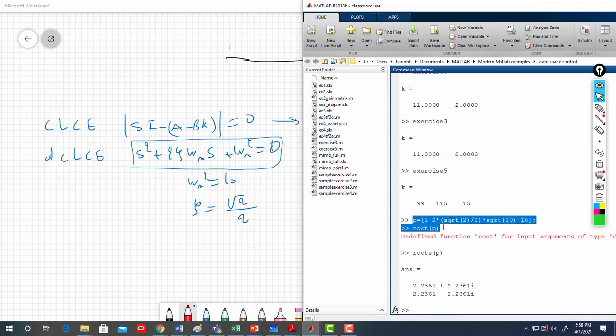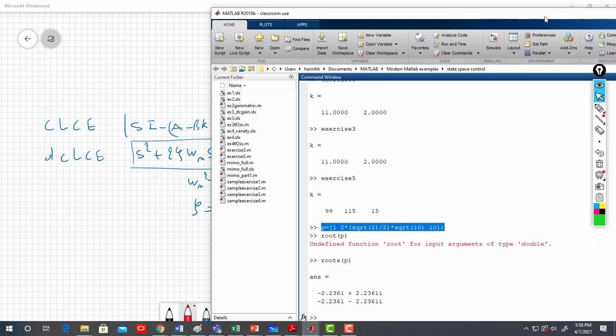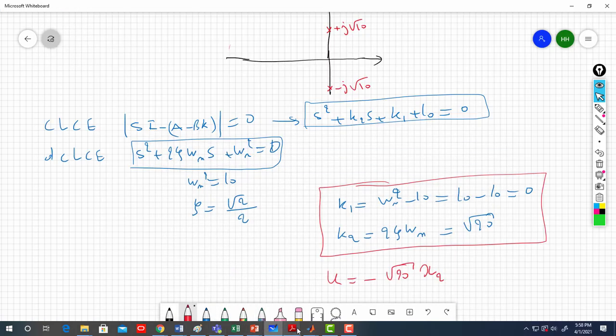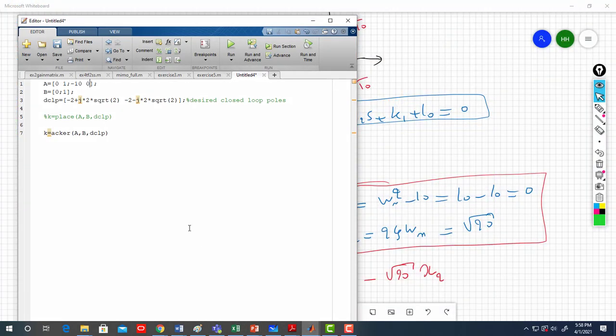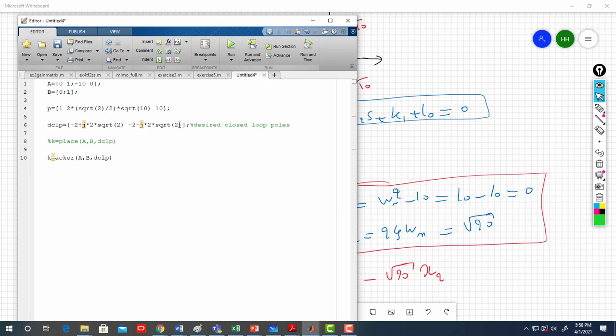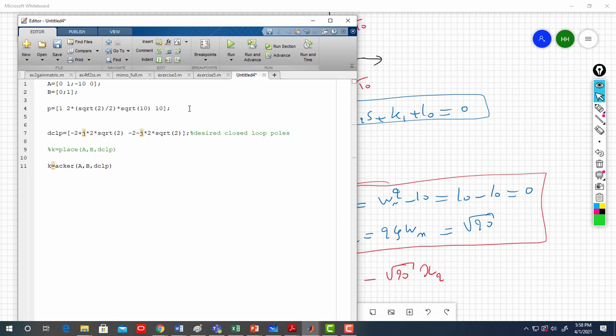If you wish, I can just put it into the M file directly. So here I put P and then roots of P. Roots of P is your desired closed loop pole, as simple as that.